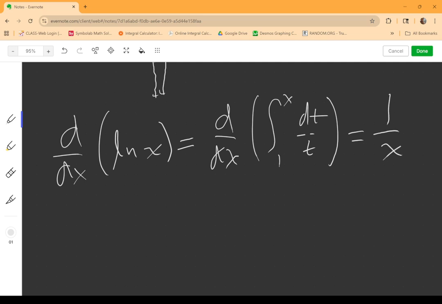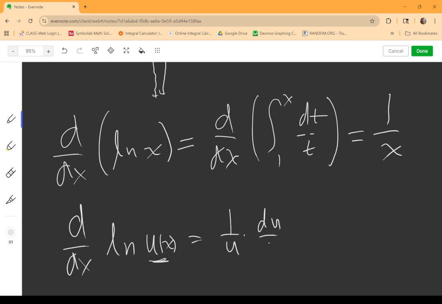And in terms of the chain rule, if this input is some function of x, call it u of x, then the derivative of this would be 1 over u of x, times the derivative of whatever that function is.